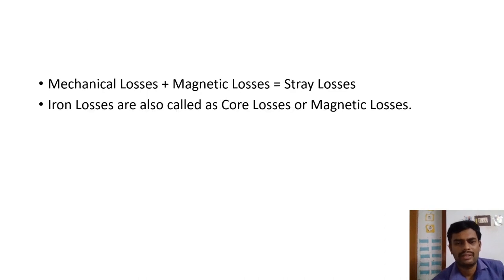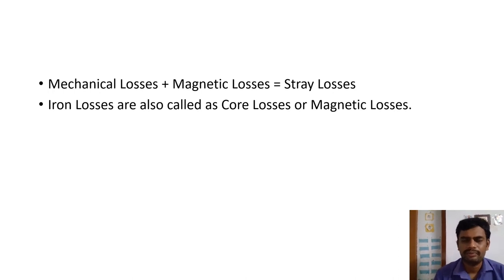So, coming to the last slide, the mechanical and magnetic losses are also called stray losses, and the iron losses are also called core losses and magnetic losses. These are the different losses which are occurring in a DC machine.